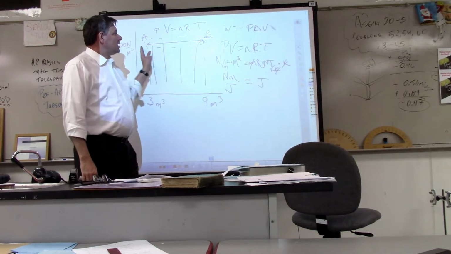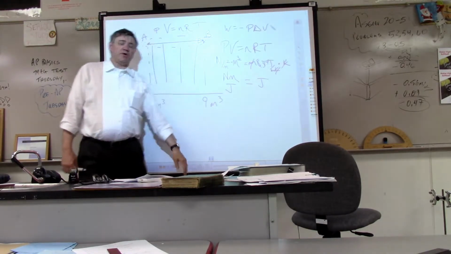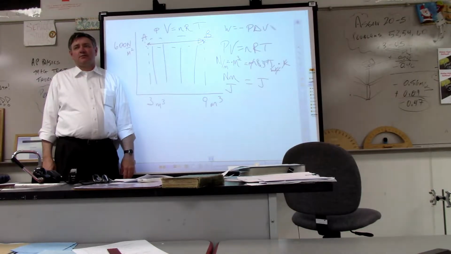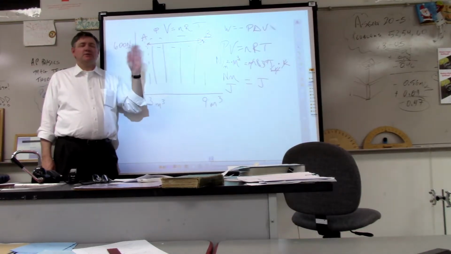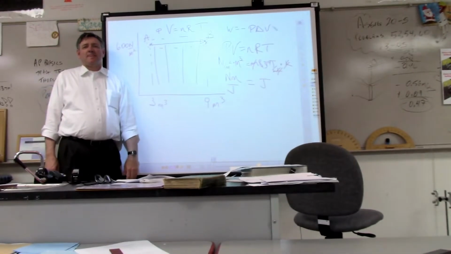Now, what's the only reason I can use this equation to calculate work? Pressure is constant. Don't leave temperature out of the question. Volume changes, but pressure stays the same.